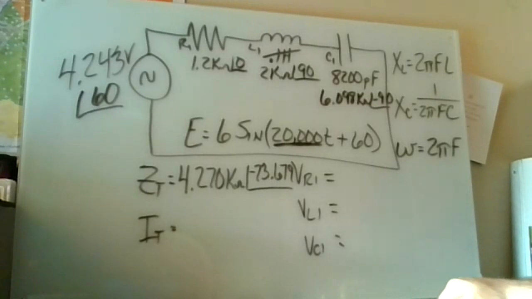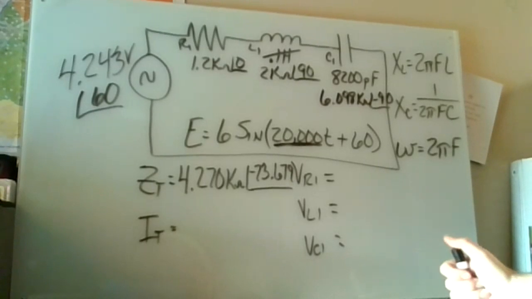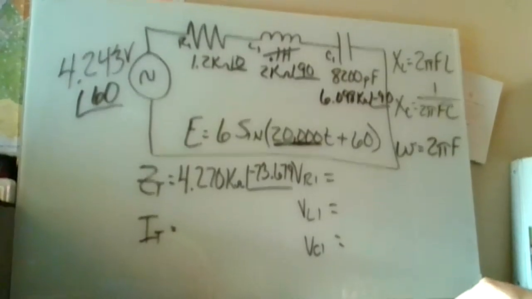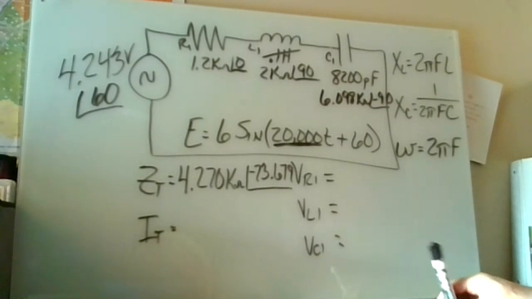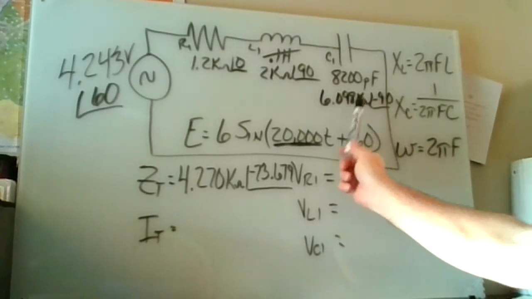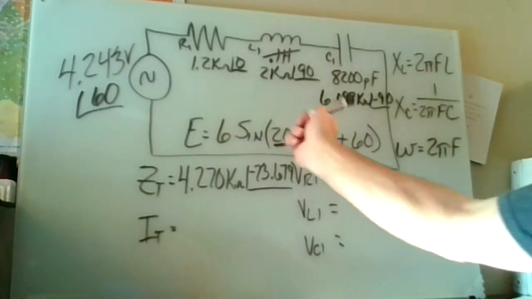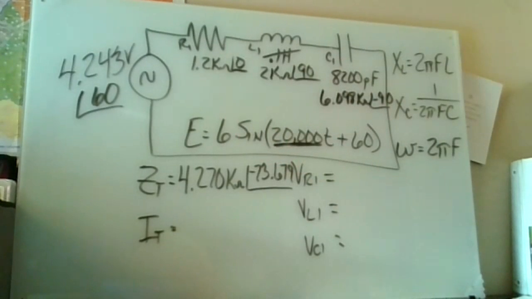You know, if you got 4.268 K ohms at an angle of negative 73.676, that's fine. You're close. Okay. A lot of it's going to depend how much you round it up here. If you went to 3 decimal places like I did, then you should get what I got. So did everybody get that for their Z total?